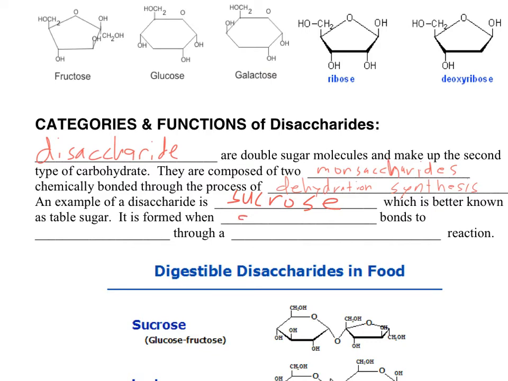So glucose bonds to a fructose through a what reaction? What was the other name besides dehydration synthesis? Started with C. Condensation. Condensation reaction.